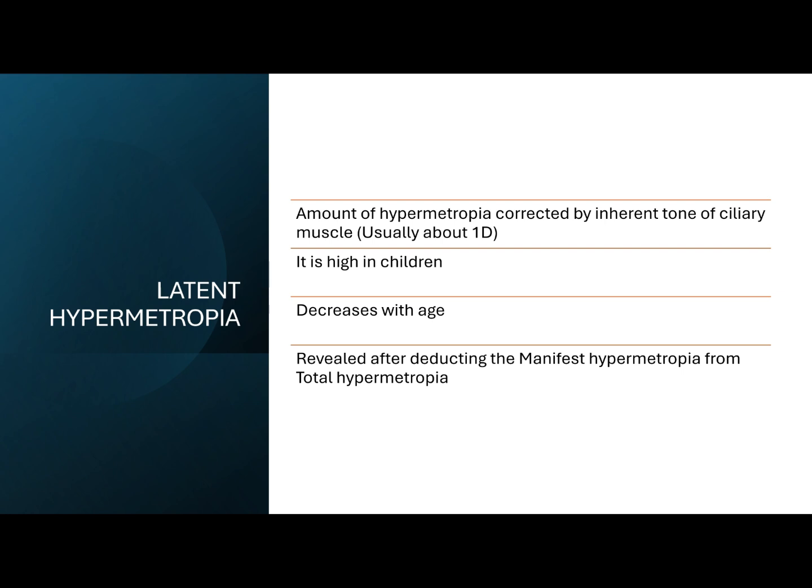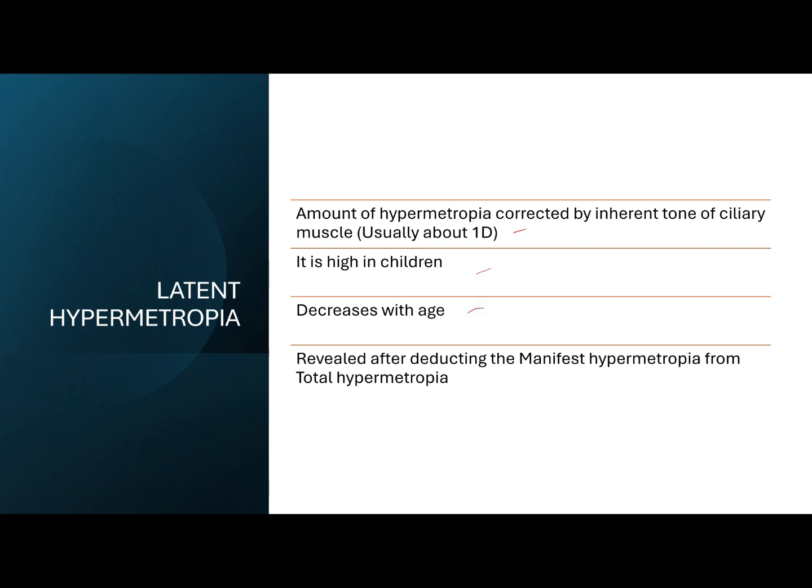So what is latent hypermetropia? Latent hypermetropia is because of the inherent tone of the ciliary muscle. Normally it is around 1 diopter, but it is high in children, and slowly as we age, because of loss of tone of the ciliary muscle, the amount of latent hypermetropia keeps on decreasing.